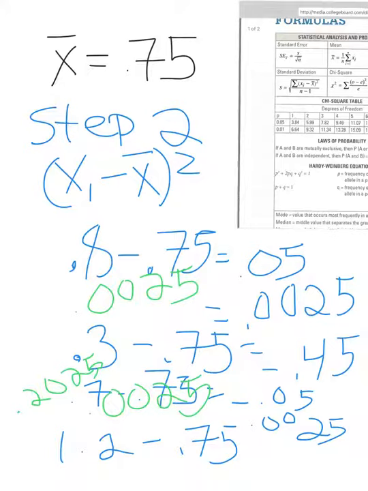Oh, that's funny how that happened. We already figured out that negative 0.45 squared was 0.2025, and so this one will be 0.2025 as well. When we squared it, we got 0.2025.